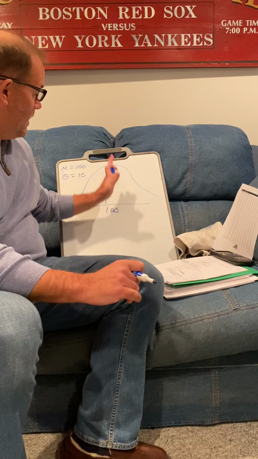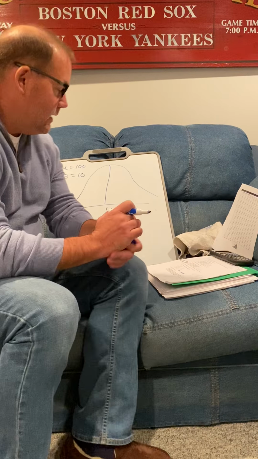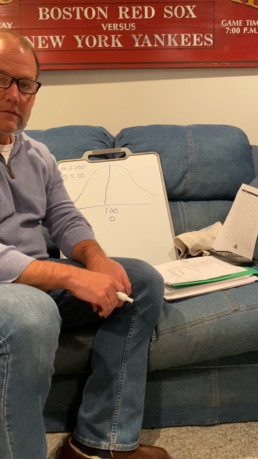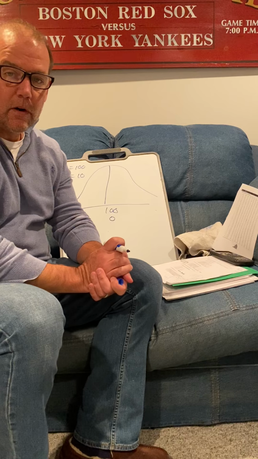Like in most distributions, we always want to know what's our center and what's our spread. So if we were going to put this in context, we could say that the average IQ score is 100 with a standard deviation of 10. And remember, the center of our curve is a z-score of 0.